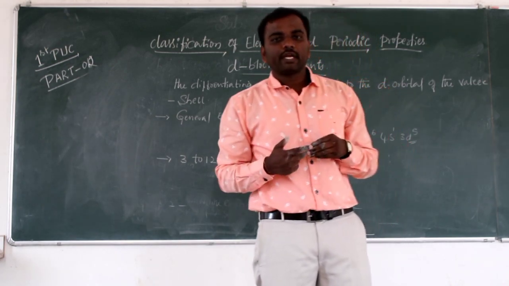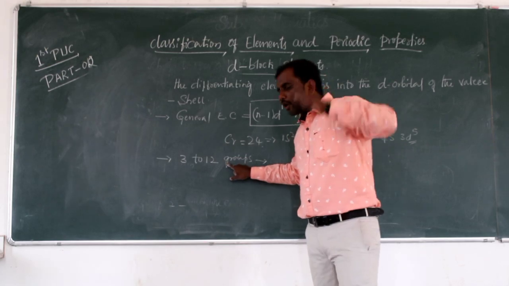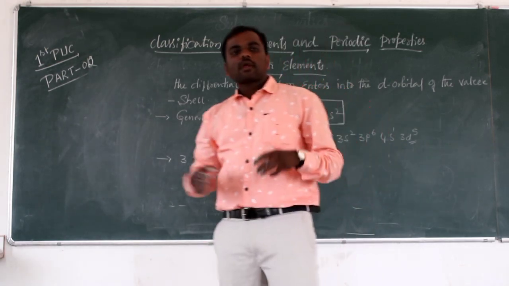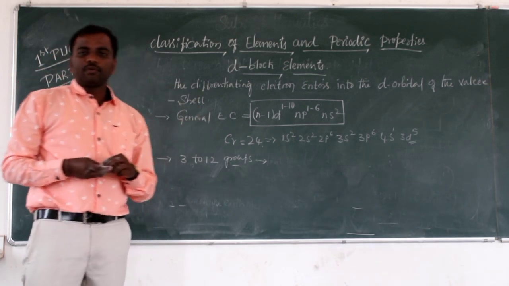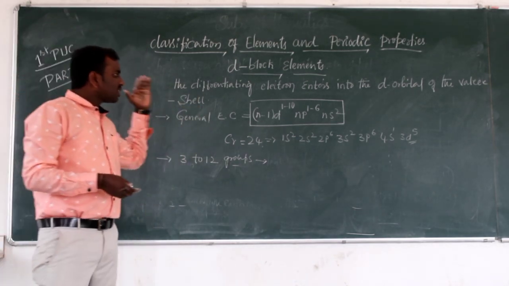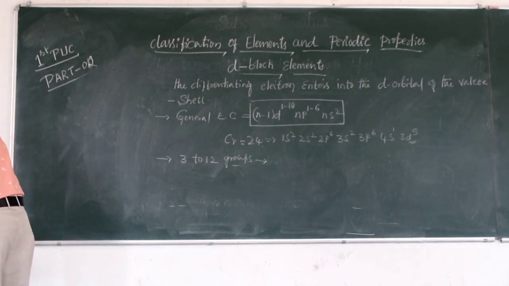That's why d block elements are called transition elements. Is it clear?